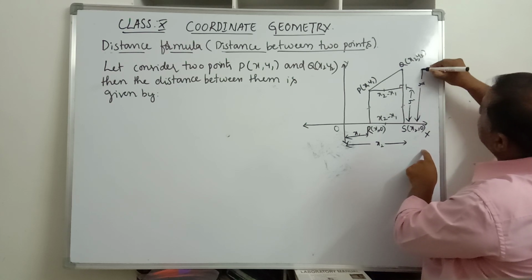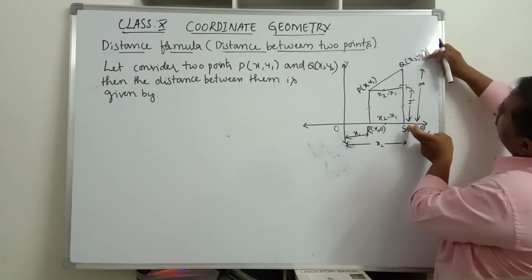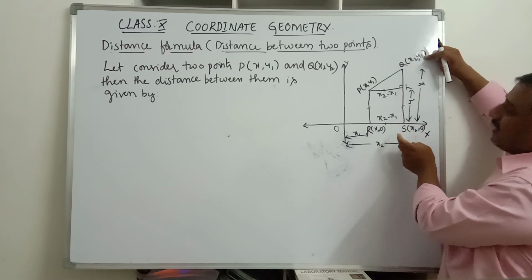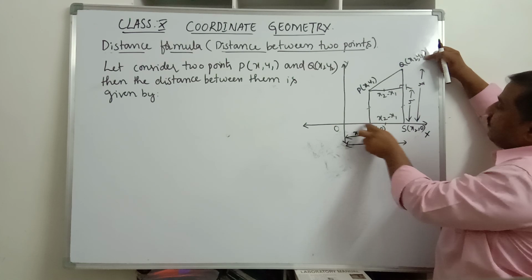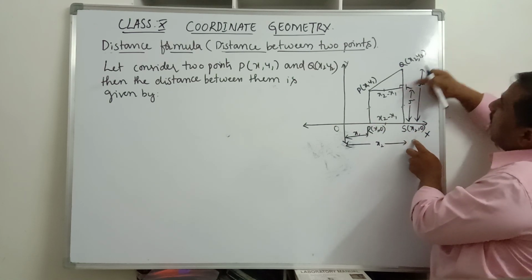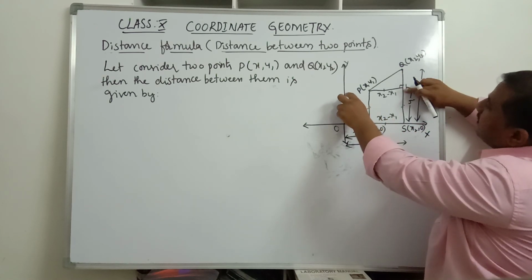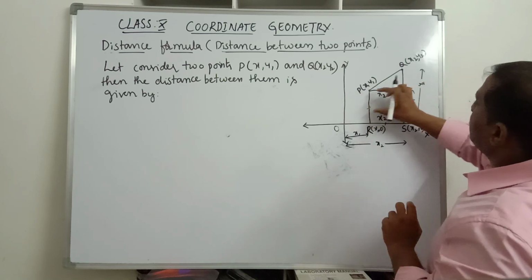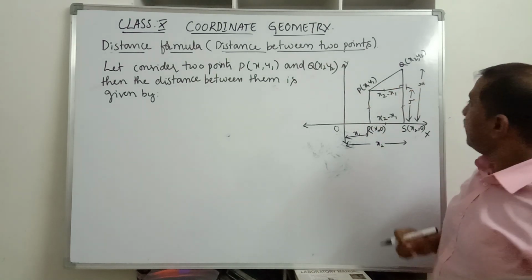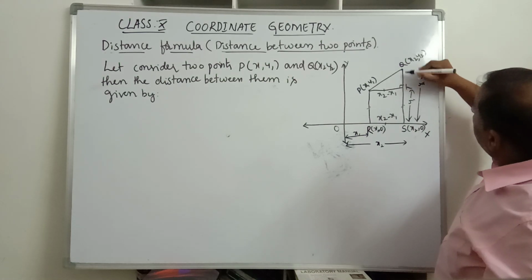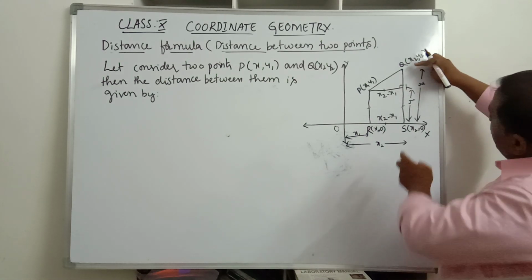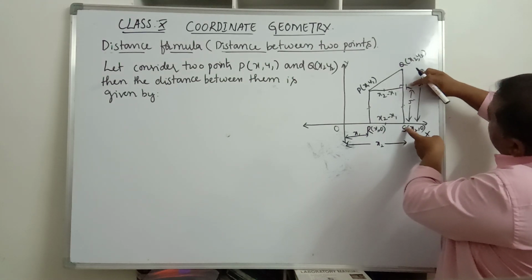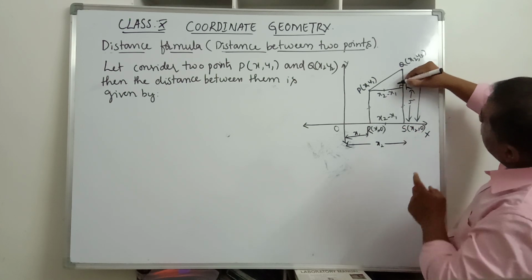This total length is y2. y2 stands for the y coordinate, the perpendicular distance from the x-axis. And for this point, the perpendicular distance from the x-axis is y1. This length and this length are both equal. So QT is equal to QS minus ST, that is y2 minus y1.